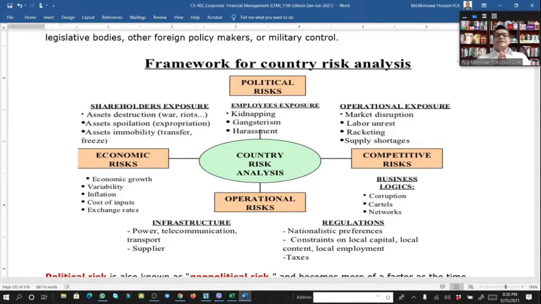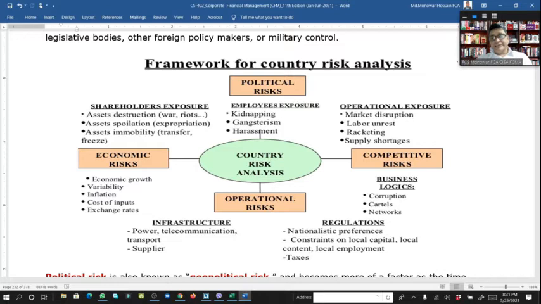If we see the political risks, this means employees' exposure. That means if in any country the politics is unstable, the government is unstable, and there is kidnapping, hijacking, harassment, that type of factor has to be considered. Because the investor comes here to invest, and if they feel a life threat, they will not invest in that country.